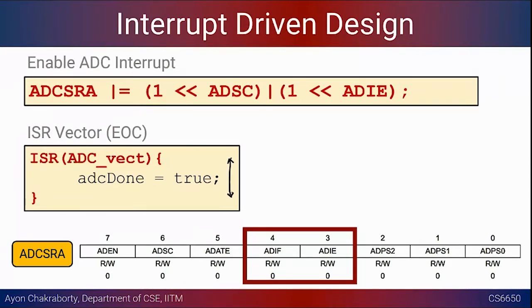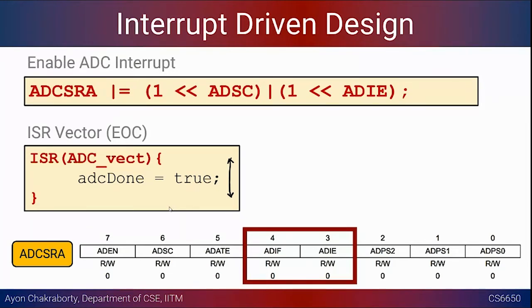Okay, so you can even read from the registers, but you want to keep it as small as possible, right? But possibly you can read the particular value out of these ADCH and ADCL registers, right? And if ADC done is a global variable in your code, all you want to do is declare that the ADC reading is done.